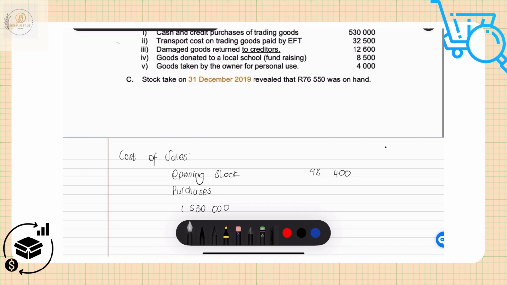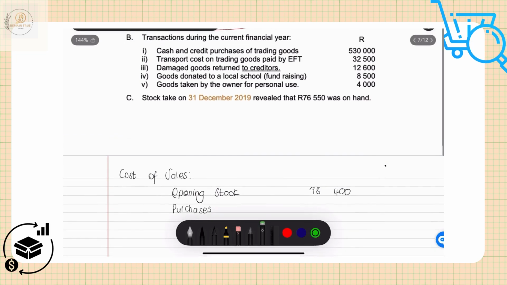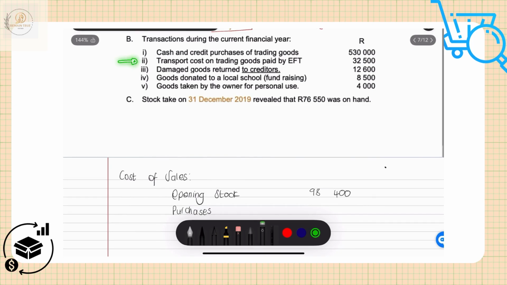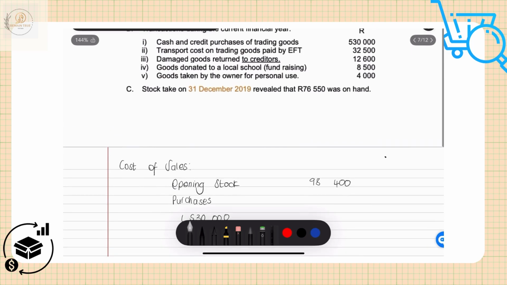Then we've got transport of stock. Transport of trading goods paid by EFT, 32,500. Okay, so what is this? Transport cost of trading stock.